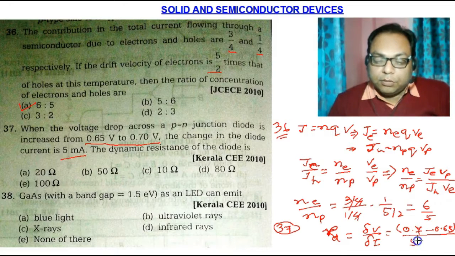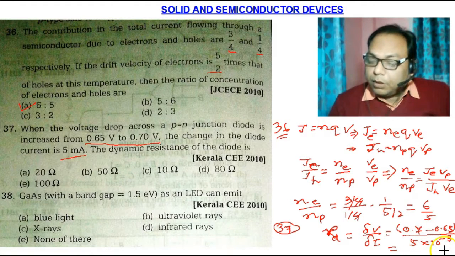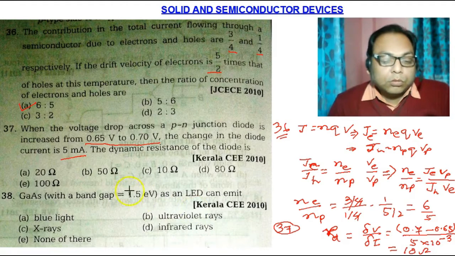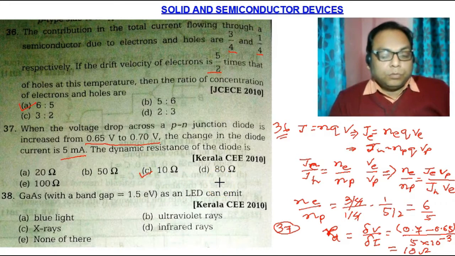If we solve this, we get 0.5 divided by 5 into 10 to the power minus 3. By solving this, we get 10 ohm. So option C is the correct option for this.